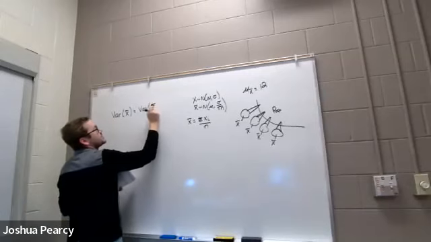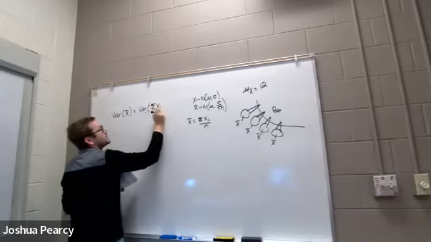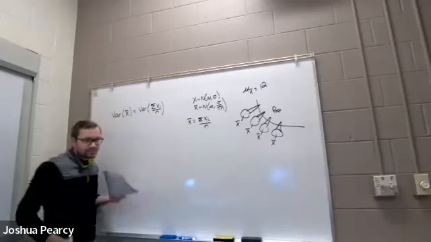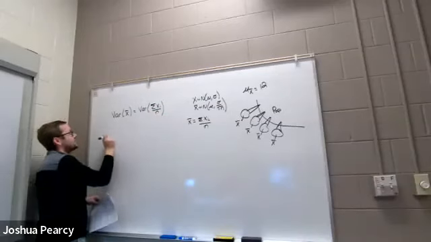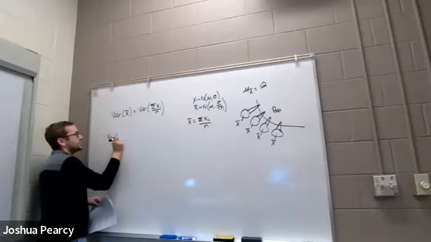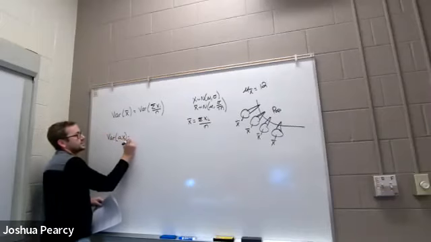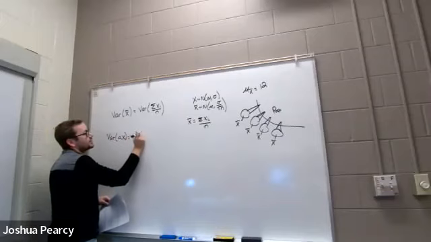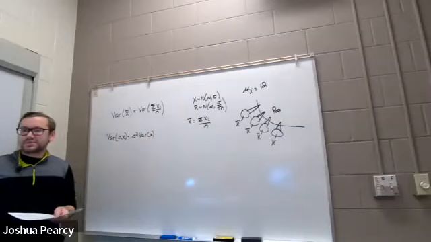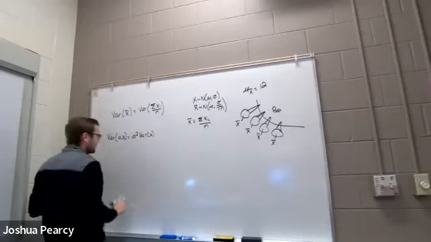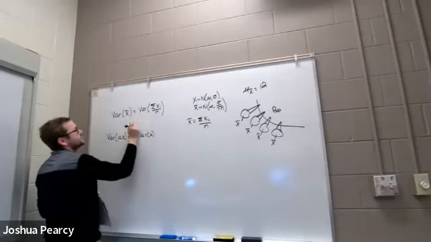So the variance is the variance of the sum of the xi's over n. Now there's this weird fact that says if you have the variance of ax, it becomes a squared times the variance of x. Then you're going to use that fact here.